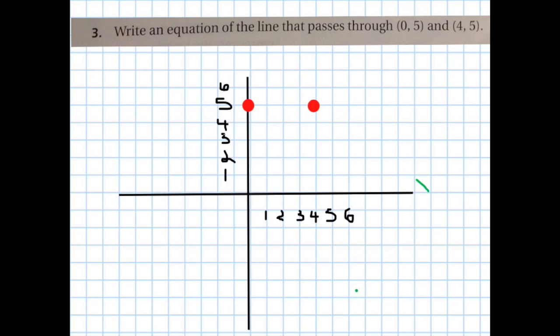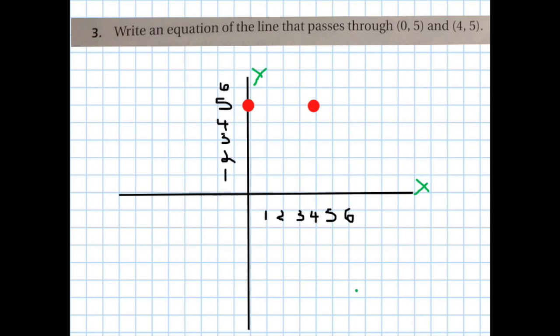We have X over here, and this is our Y axis up here. You can see that there is no movement on the X axis but movement on the Y, so that's why we have 0, 5 placed here. Our other point plotted is 4, 5, so we go over 4 on the X-axis and then up 5 on the Y-axis.